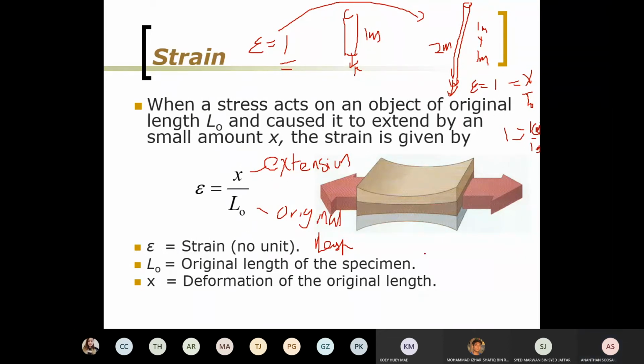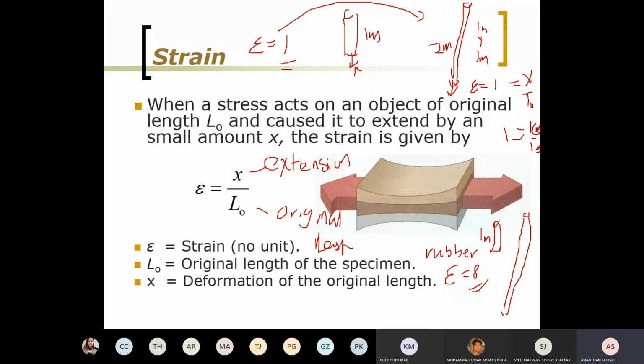Say there is some specific rubber that can have a strain of 8. Strain of 8 means what? If the rubber has a length of 1 meter and a strain of 8, what will the total length be?